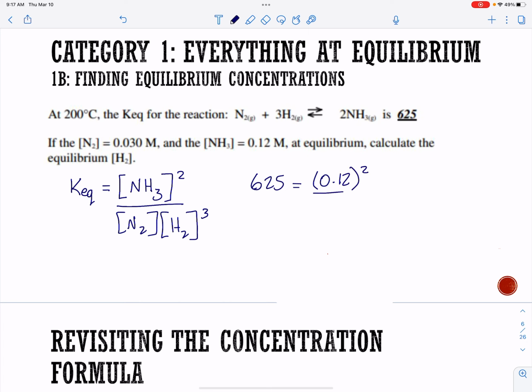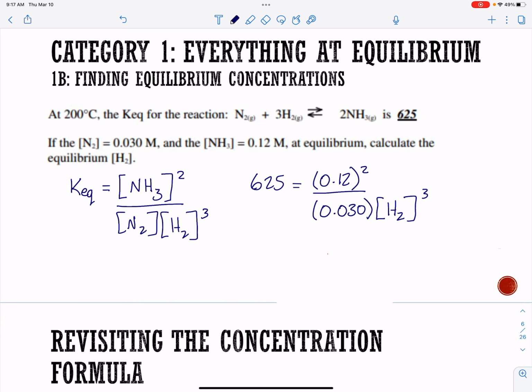So I'm just picking out those concentrations based on what I'm given in the problem. Hydrogen is what we're solving for, so we tried this problem yesterday.